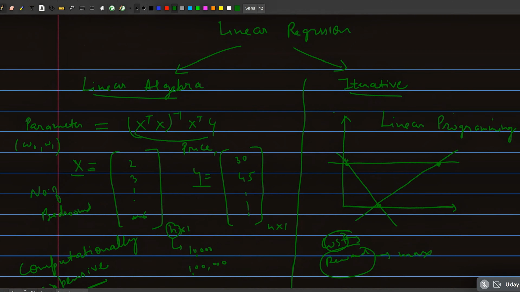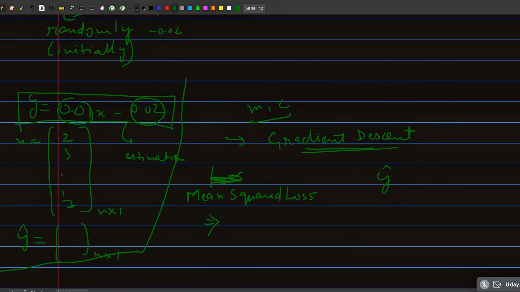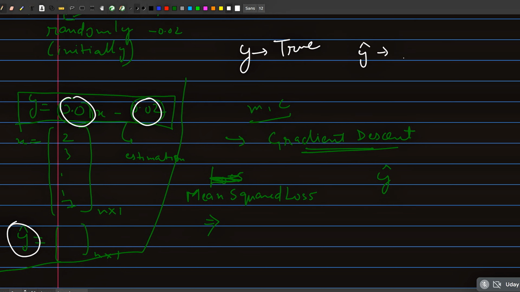And later when you initialize this randomly, let's say 0.01 and 0.02, based on this you computed for every x and we denoted it as y hat. Okay, so one was y which was the true, and one is y hat which is from our randomly initialized model.